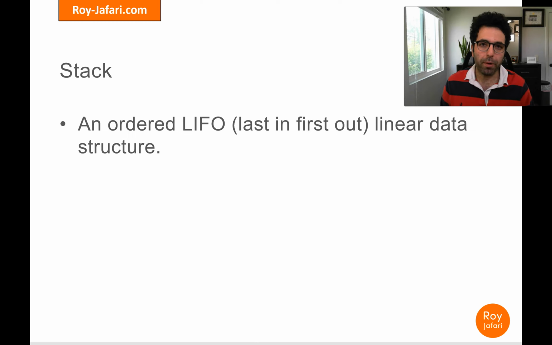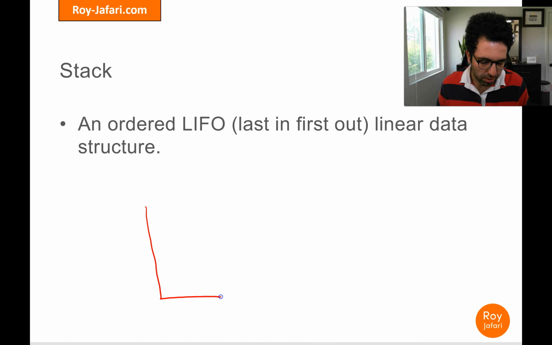What matters for a stack is that it's an ordered collection of items, but you can only use it in a LIFO manner, last in, first out. It actually works like a stack. So imagine you have a stack of values. You've got different values here: you've got 500, you've got 200, you've got hello.